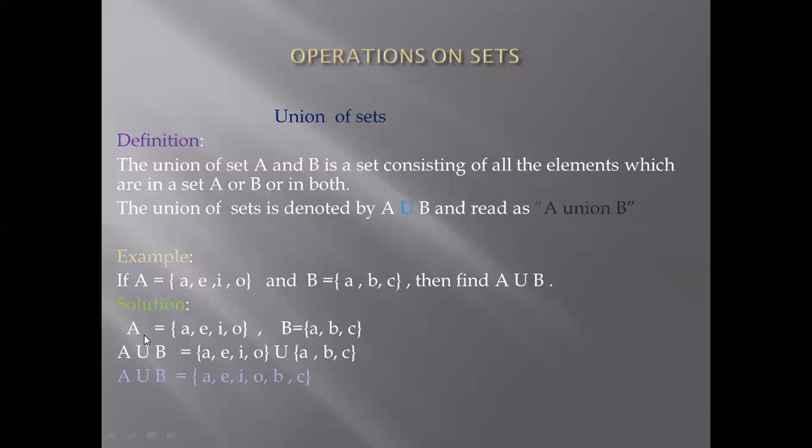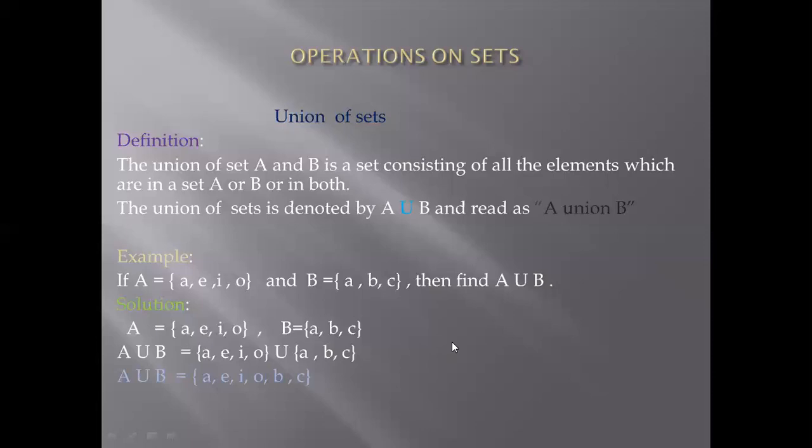A union B: A, E, I, O, and A, B, C. When we find A union B, we will write A, E, I, O, B, C. Now this is the union of A and B. You see, we write all the elements of A and B enclosed within one bracket. This is called A union B.